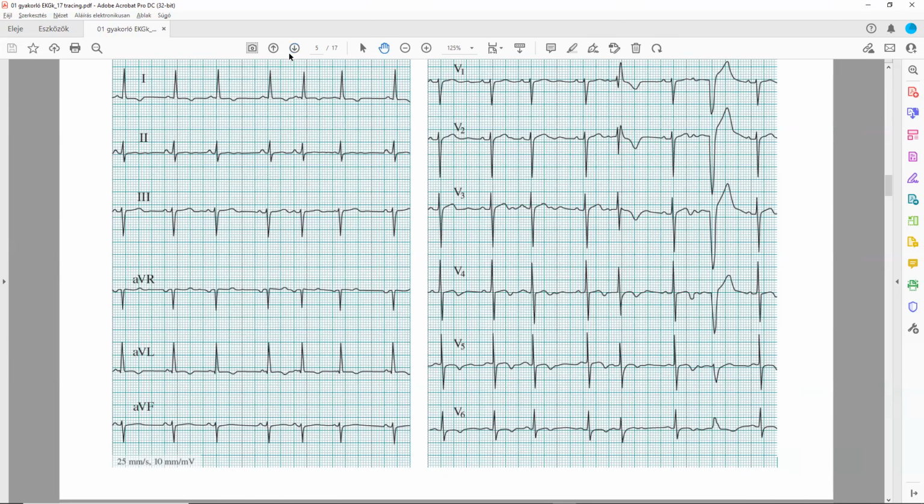Excuse me? Yes? I don't understand this method that you use for an irregular rhythm, the heart rate. Okay, so how do you count the pulse?